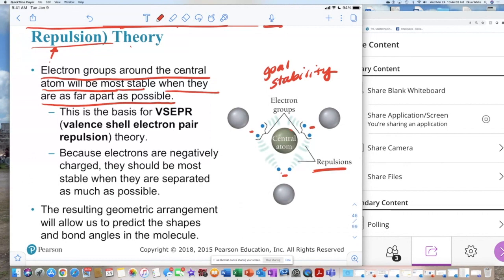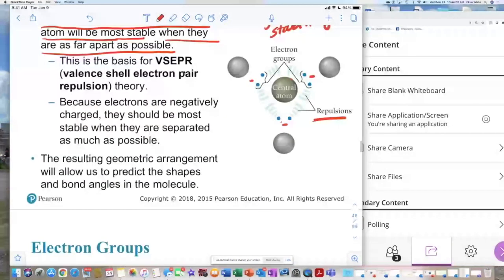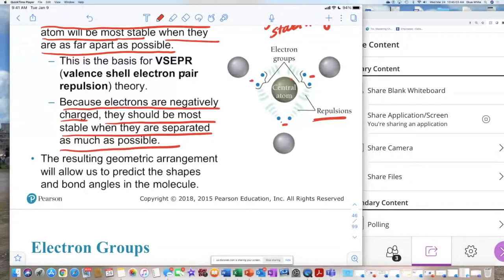The repulsion is kind of like conflict, so groups that will naturally repel each other stay away from each other as far as possible to avoid conflict, aka repulsion. It says because the electrons are negatively charged, they should be more stable when they are separated as much as possible.